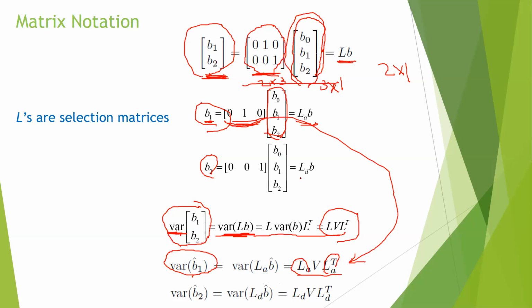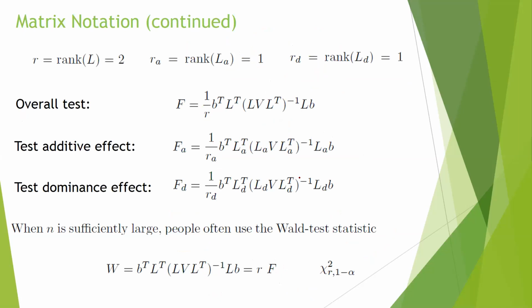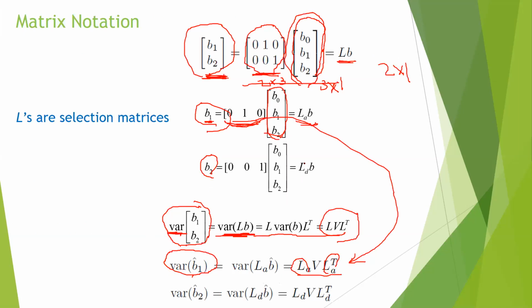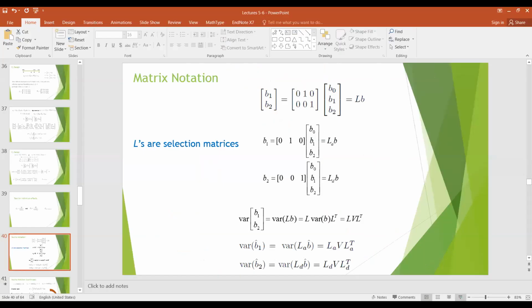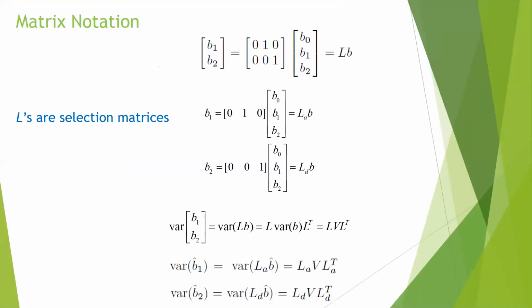But don't worry. This is simple matrix notation. I think every one of us should understand this. And probably in the final exam, I'm going to give you some very simple version of this to test you on how to construct a test.